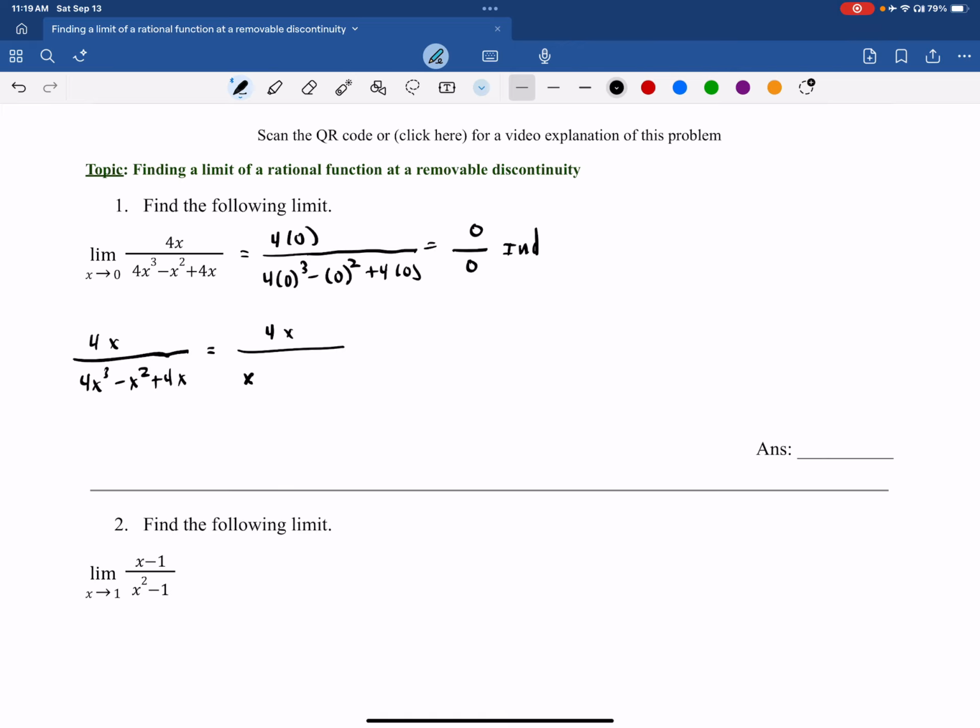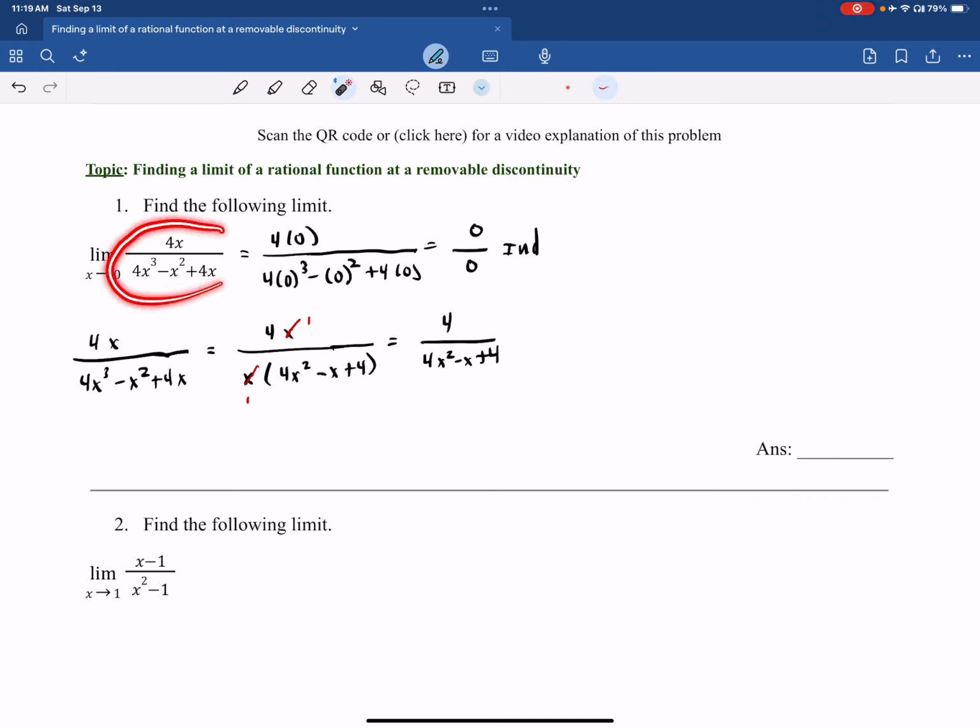If I factor out that x, what would be left would be 4x squared minus x plus 4. Notice now in both the numerator and denominator I have a factor of x, which simplifies. So in the numerator, I would be left with a 4, and in the denominator, I'd have 4x squared minus x plus 4.